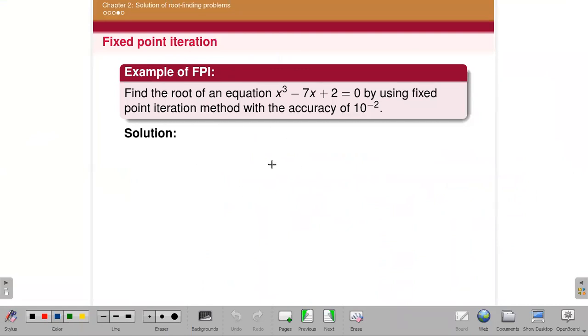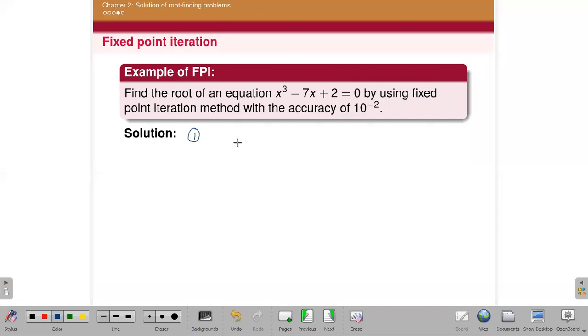So can you do this question? x cube minus 7x plus 2. Can you find the forms for this function? What will be the forms for this function?